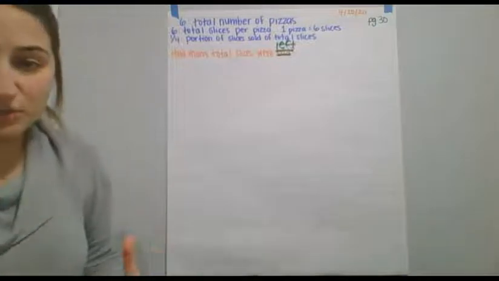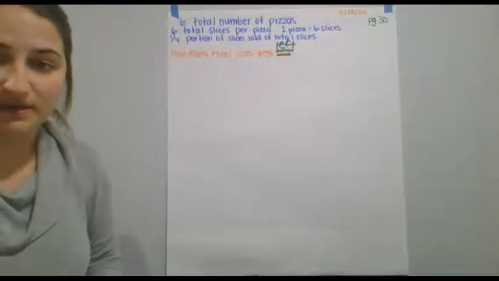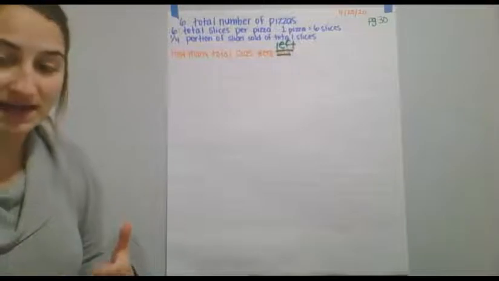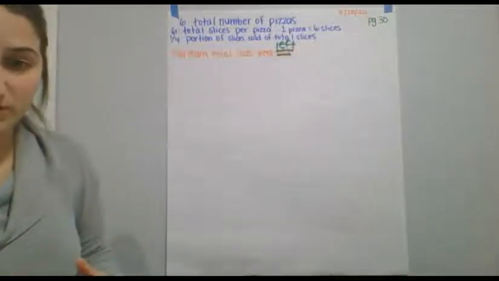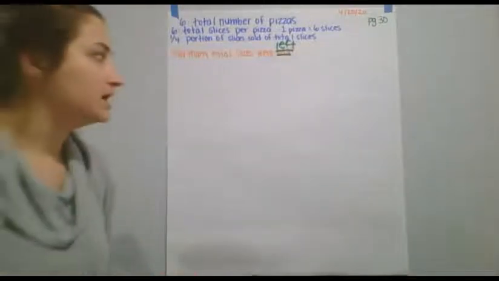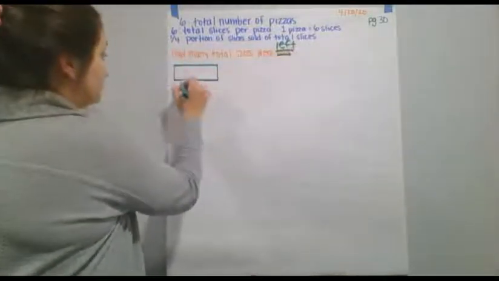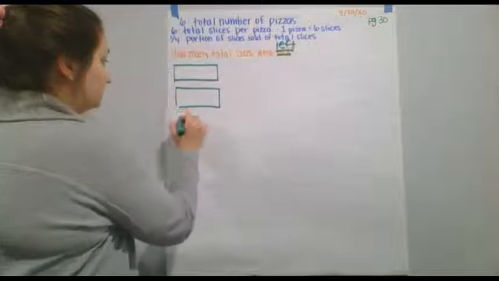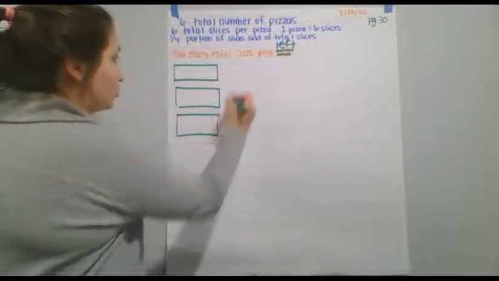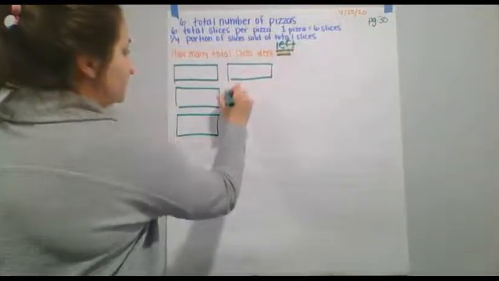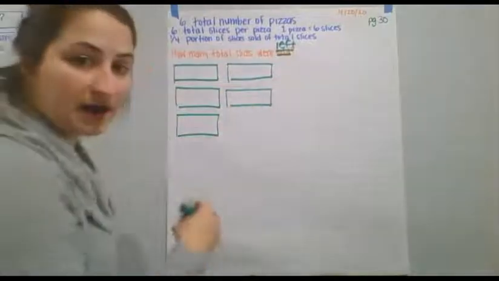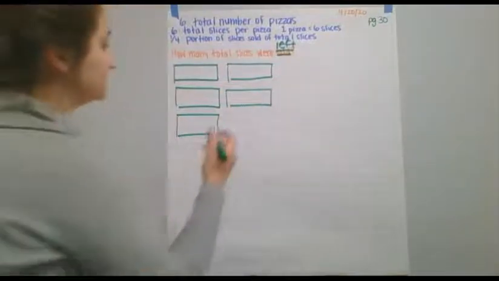So first thing that we want to do when we're solving this problem is think about how many total slices we have with those 6 pizzas. So the first thing that you could do is you very much so could create a visual so that it helps you to figure out kind of how many slices there were.